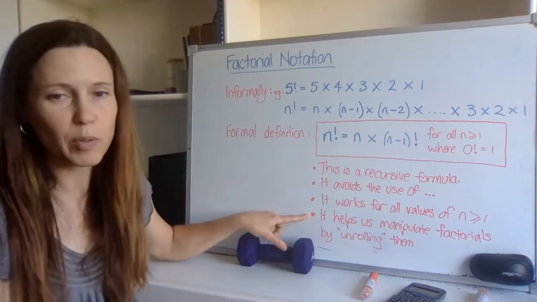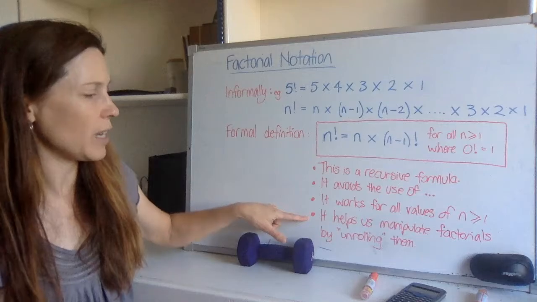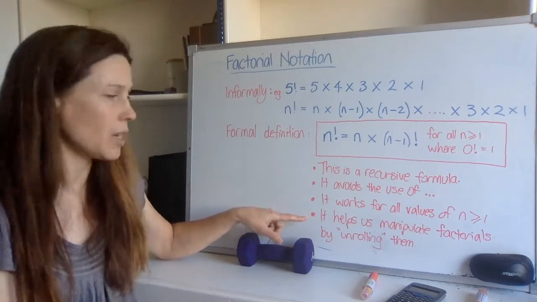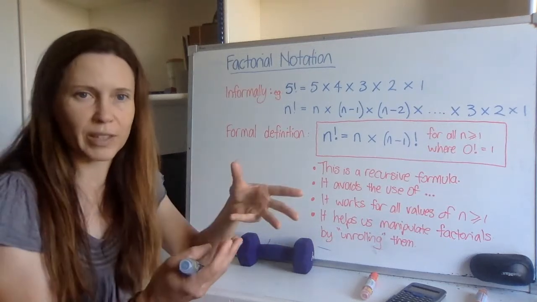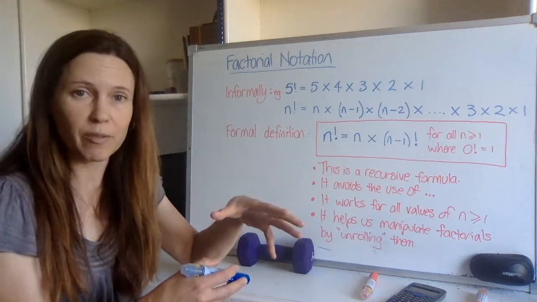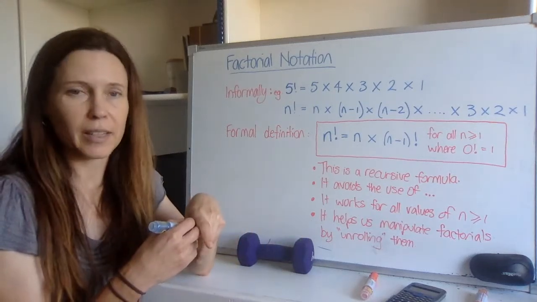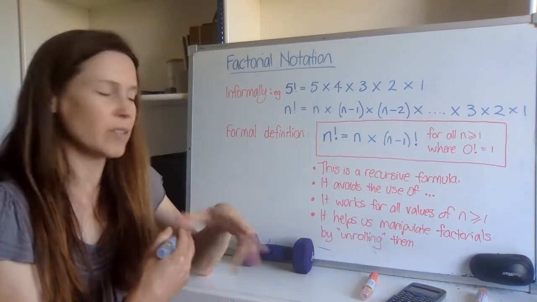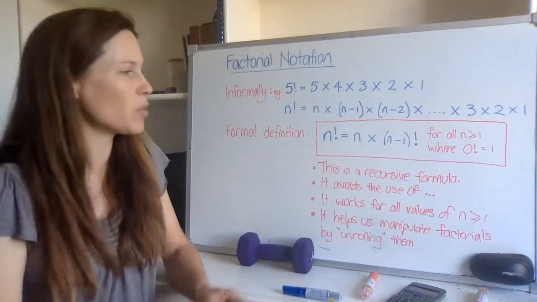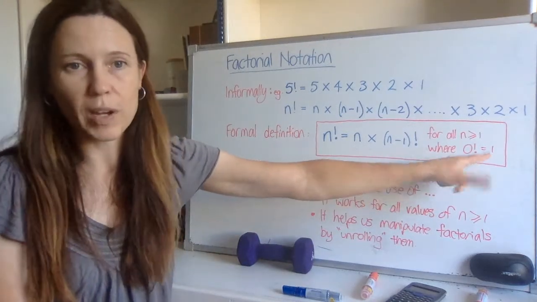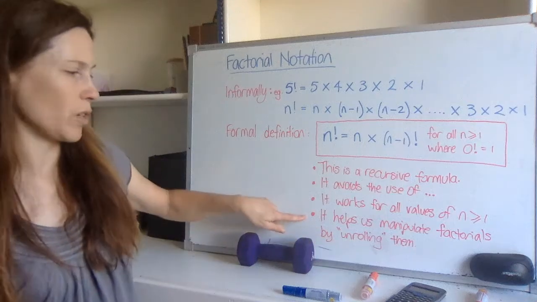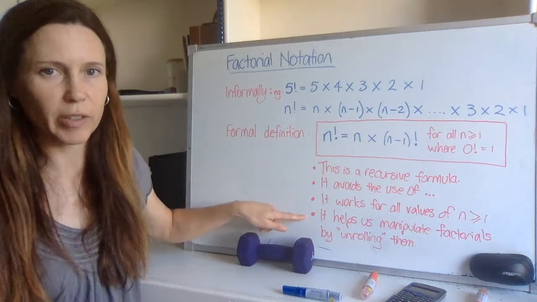And most importantly, this definition really helps us to manipulate factorials because we're basically unrolling them. And that helps us when we're simplifying fractions or any other expressions that have got factorials in them, as you'll see in a moment. So we need to understand this 0 factorial and why it equals 1. And we need to work out how to manipulate these factorials by unrolling them.